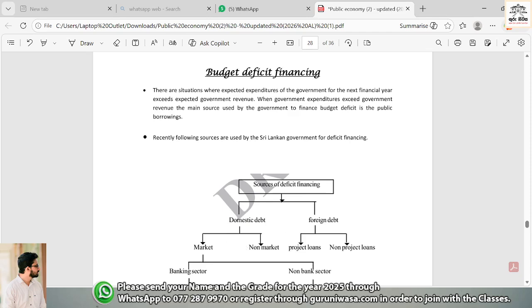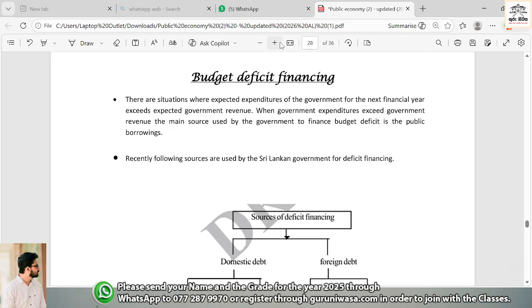Budget deficit financing, on the screen. There are situations where the expected expenditure of government for the next financial year exceeds the expected government revenue. Remember, expected things are estimated.